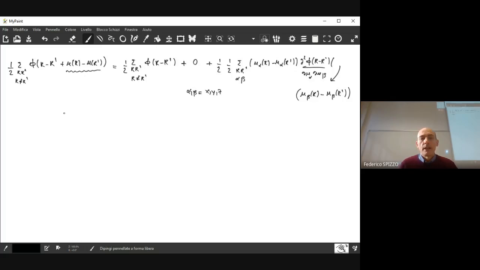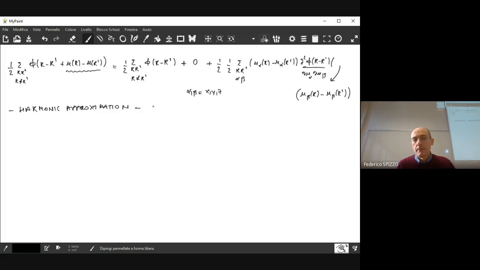But in this case, the general choice is to adopt the so-called harmonic approximation.